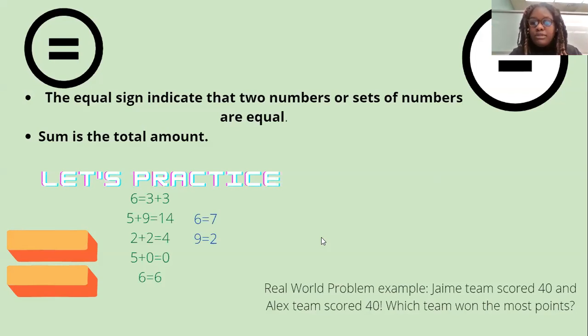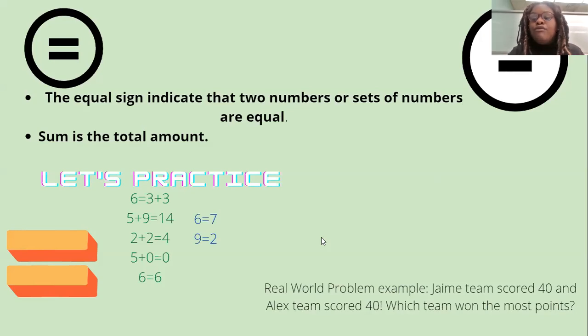And if those blue blocks are the same amount as the red blocks, then you know that your numbers equal each other. But if they do not equal each other, then you will not say that they equal each other. For example, 6 does not equal 7. So if you count out 6 blue blocks and then 7 red blocks, those blocks will not equal each other because 6 does not equal 7.